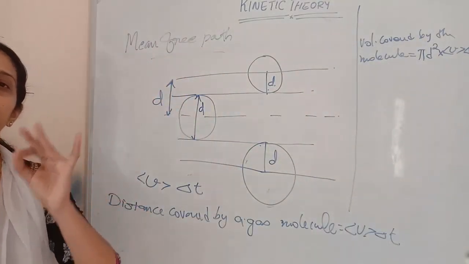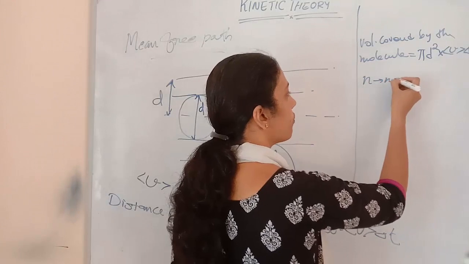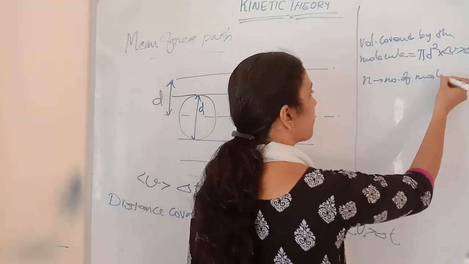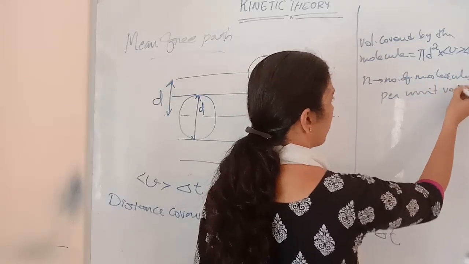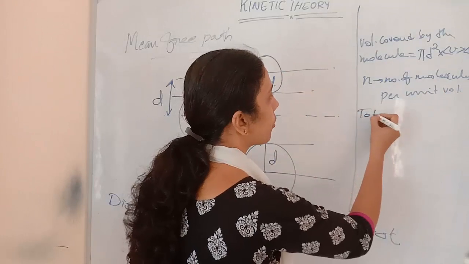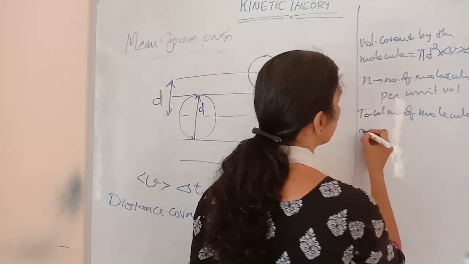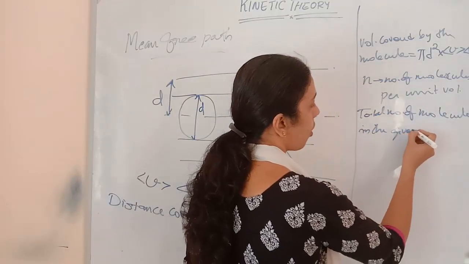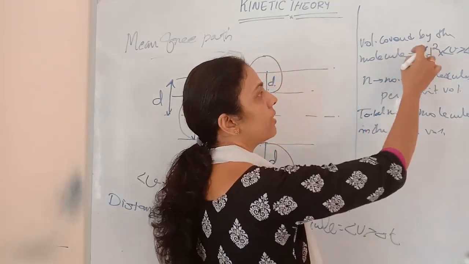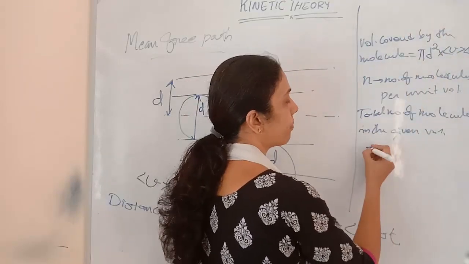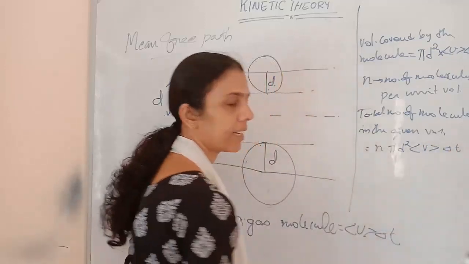If there are n molecules per unit volume, where n is the number of molecules per unit volume, then how many molecules are in this volume? n into pi d square into average velocity into delta t.